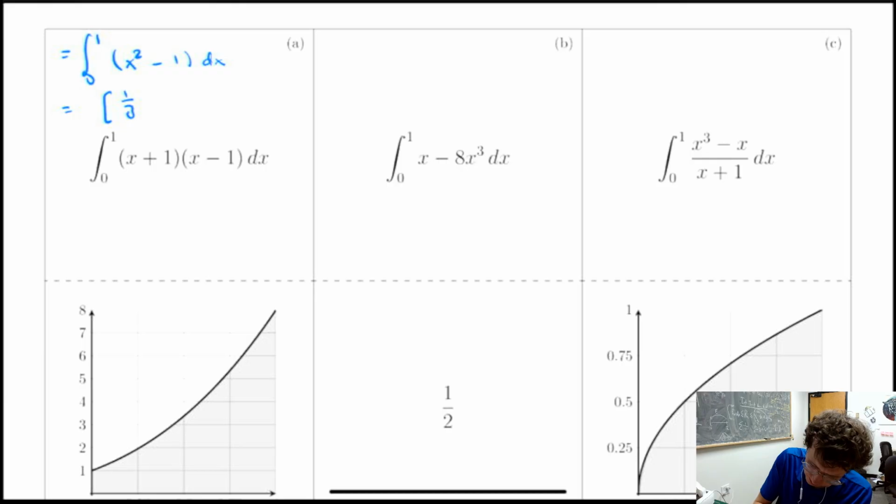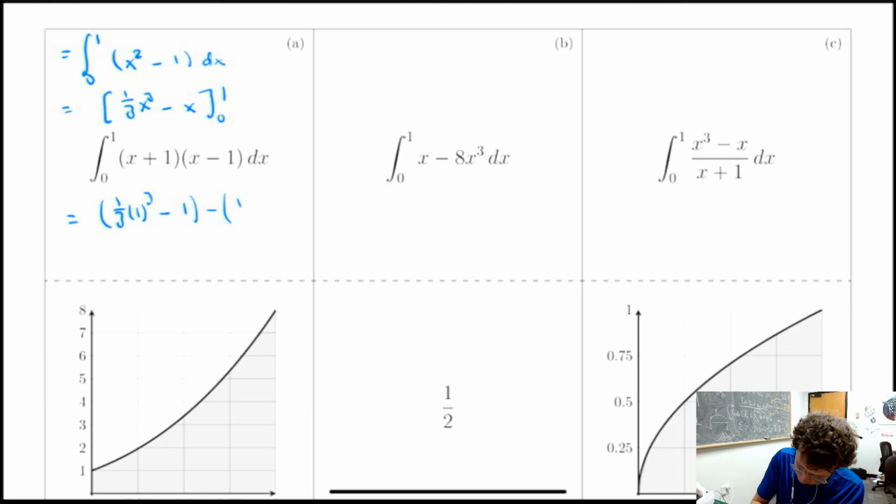An antiderivative for that is going to be 1/3 x cubed minus x, and I evaluate from 0 to 1, which means I plug in 1, and I plug in 0, and I subtract the results.